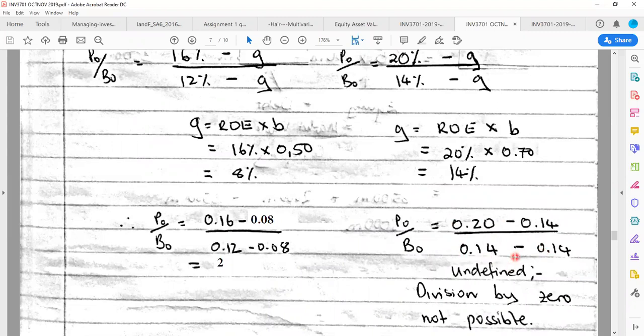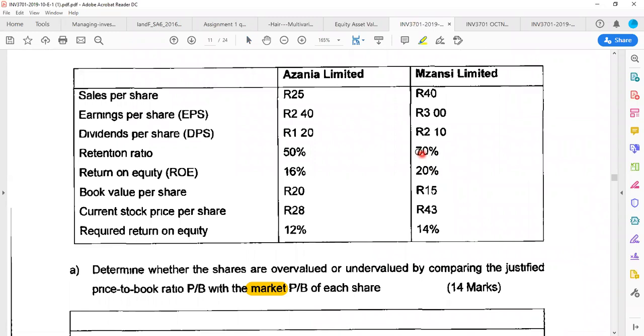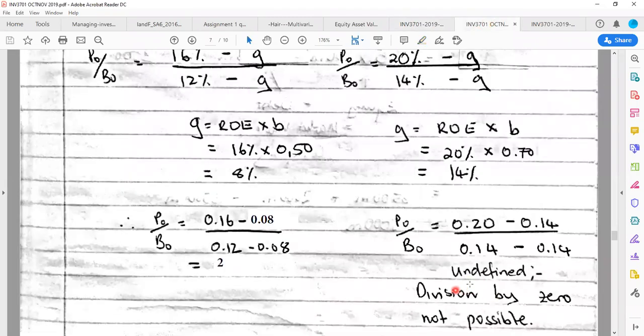But you find in this case, the required return is actually the same as the growth rate. 70% times 20% is the same as 0.14. Okay, so it means we can't calculate the price to book in that particular example. So we say it's undefined.